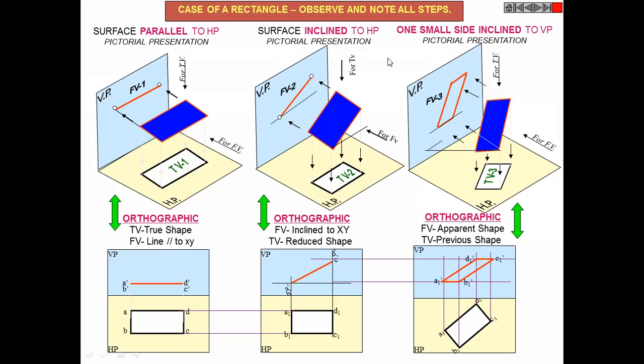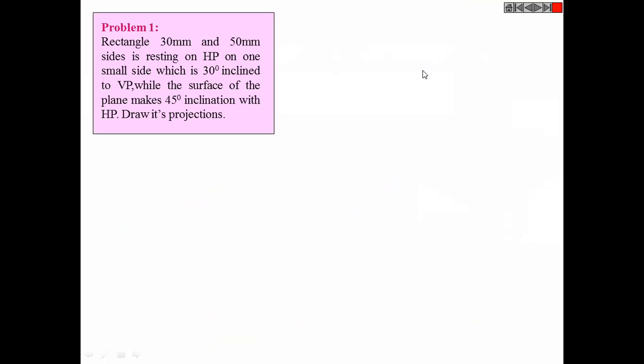Okay. Now we will see the actual problem so that you will understand. A rectangle is given of this dimension, resting on HP on one small side, which is inclined 30 degree to VP, while the surface of the plane makes 45 degree to HP. So now how it is given, first of all, see.